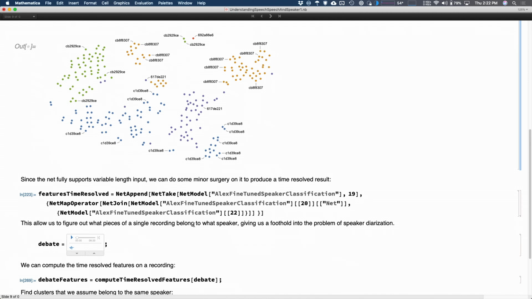And I use the contrastive loss layer, as I said, which minimizes the distance if they belong to the same class and maximizes it if they belong to different classes. And you can see that we did further separate the clusters in the feature space.